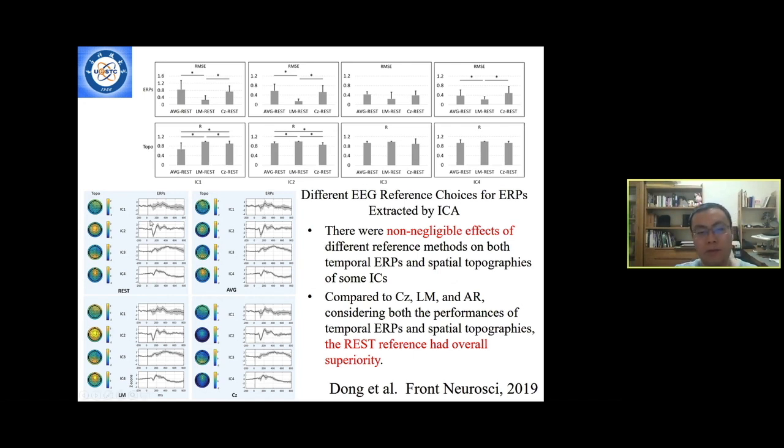And also, we can see that compared to CZLM, the waves are almost very similar, but for the topographies using the different referencing methods, the distributions on the scalp are different. And overall, compared to the CZLM and the AR, considering the performances of temporal ERPs, the REST reference has overall superiority.